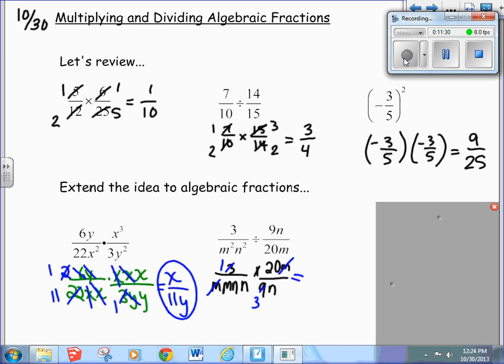Will, what do we have left? You get 20 over m and m times n cubed. What would you tell Will? That's not what I got, Robbie. What did you get? Yeah, I think you lost your 3.